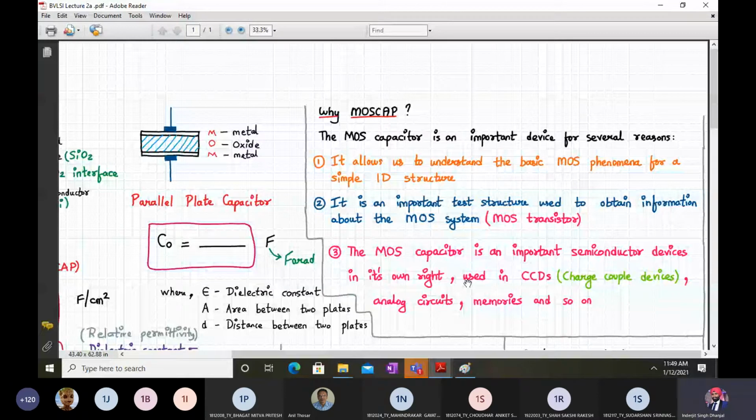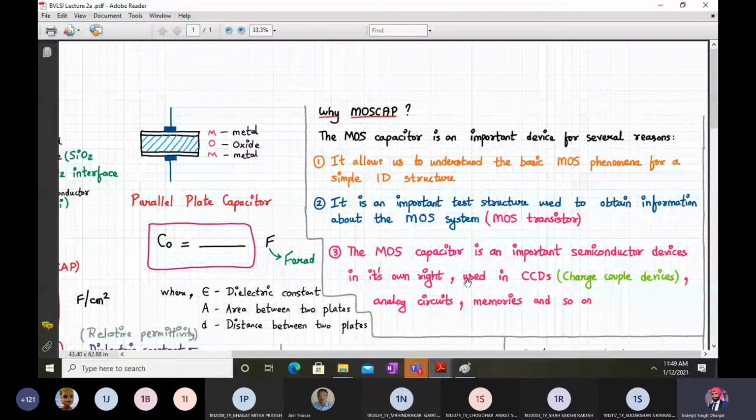So basically, before directly going into MOS transistor, which is your MOSFET, studying MOS capacitor is a must because it will lay the foundation for your MOS transistor. MOS capacitor itself is an important semiconductor device. It is used in charge coupled devices, analog circuits, and memories, and so on.